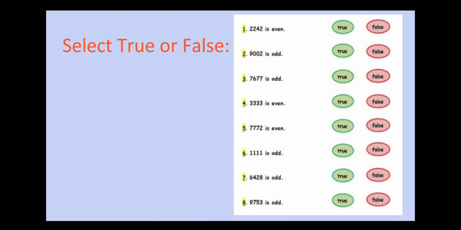But in the units place, we have the digit 2. Therefore, it is false because 2 is an even number. So it should be 9,002 is an even number. Now continue doing this worksheet yourself.